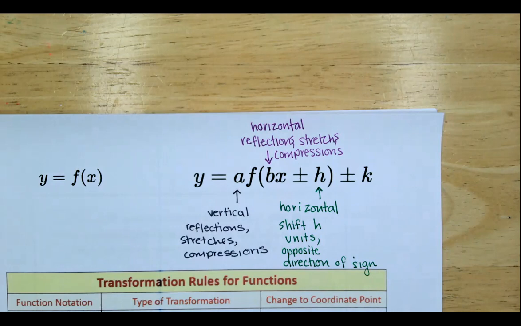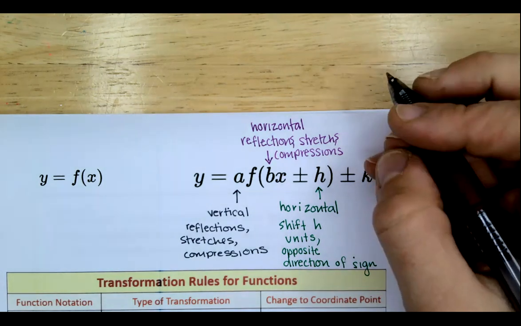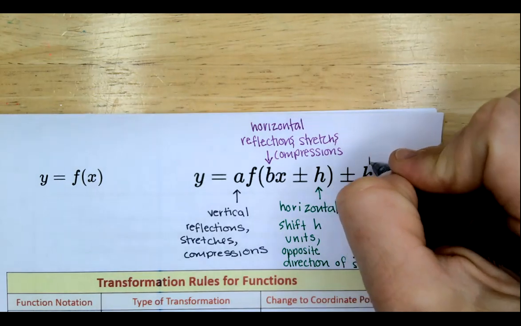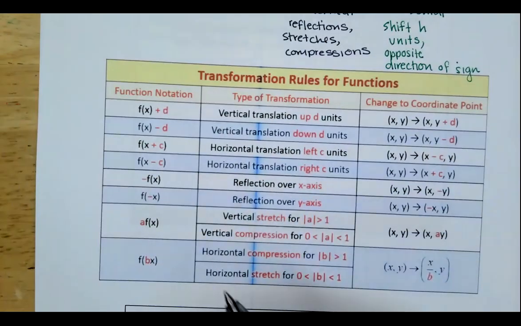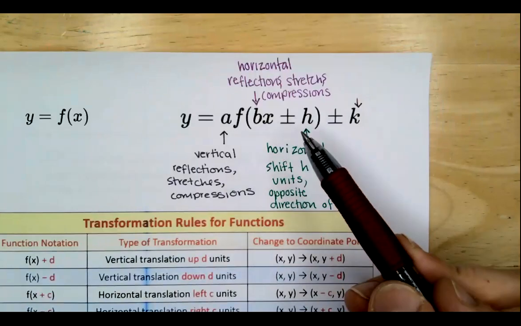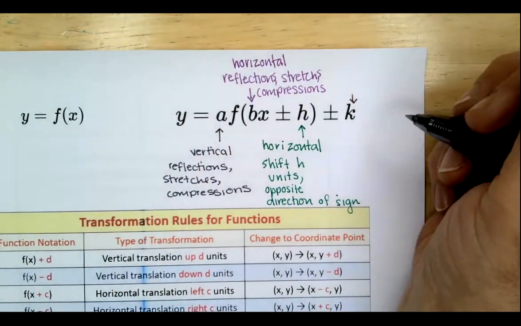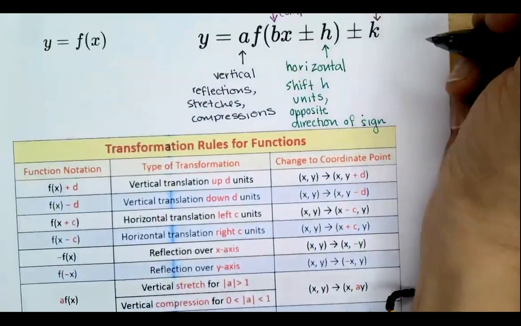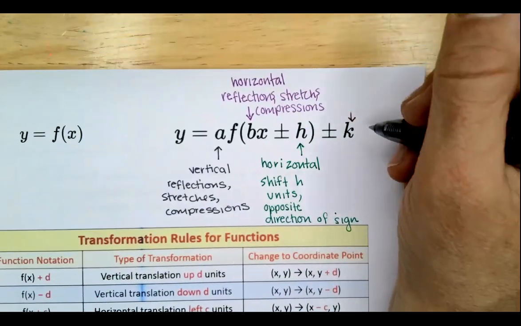Okay. And then finally we have K, or D, it should be, because on this table down here, that's C and that's D. So that should be C and that should be D. D is a vertical shift.